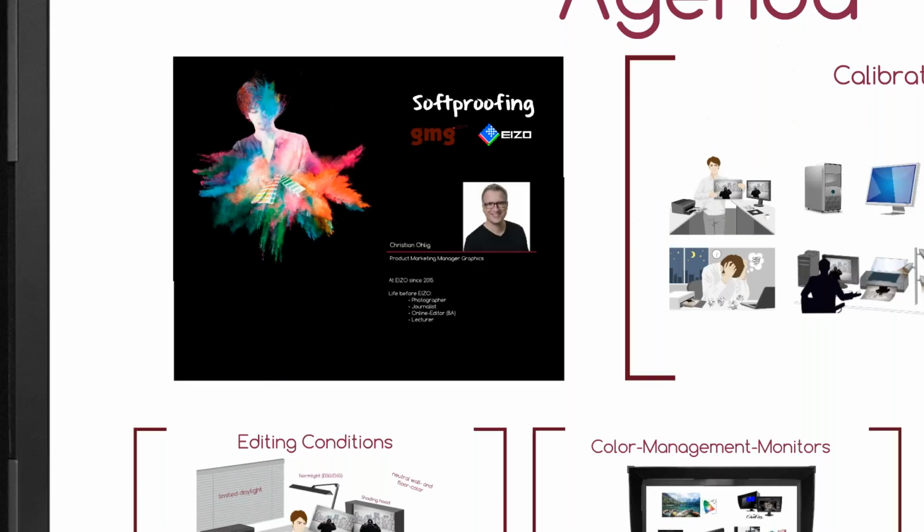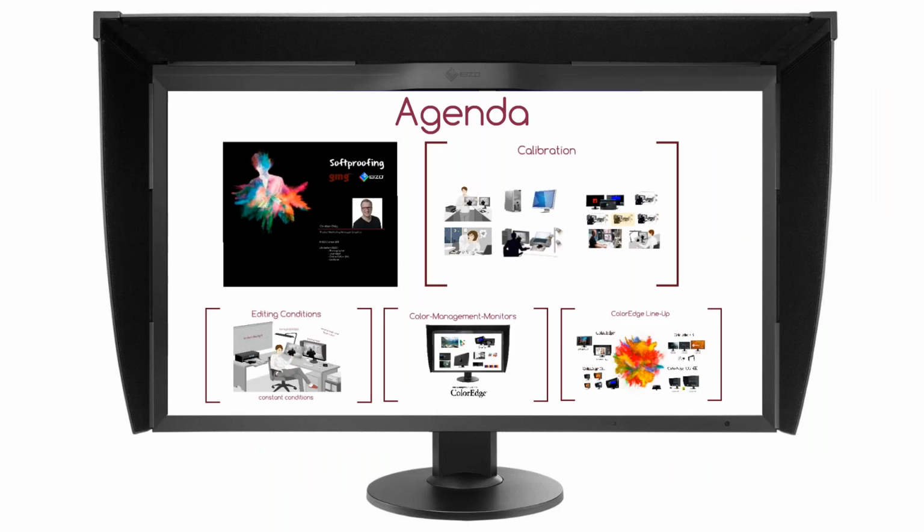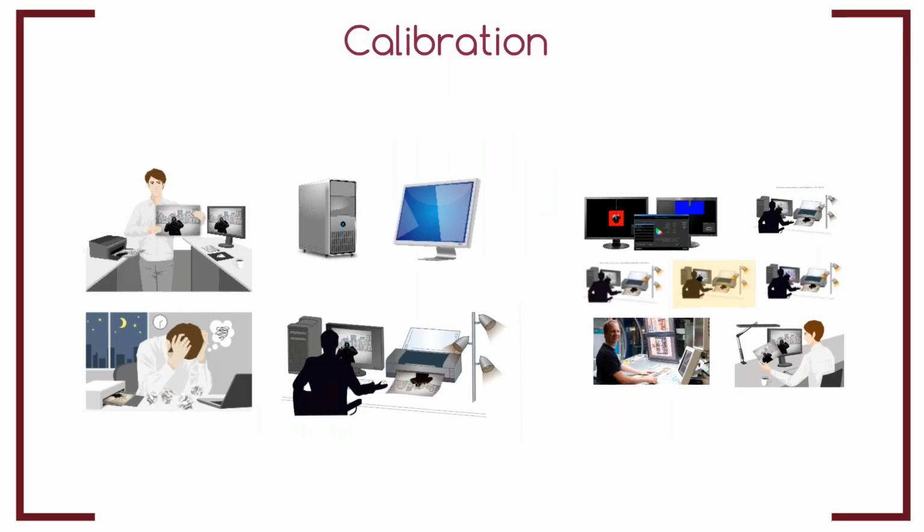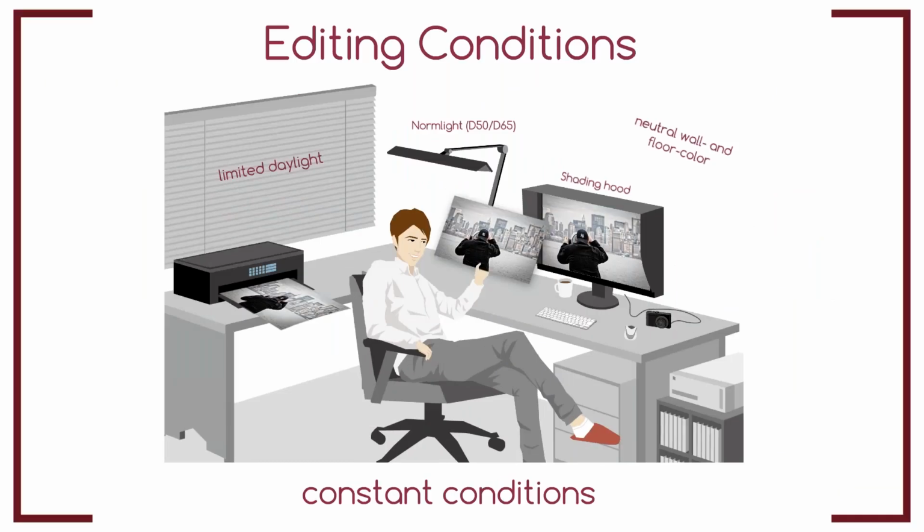Let's have a look at the agenda of my part at first. We have a short look at the calibration related topics. After that, we take a short look at the editing conditions, of course not in the printing factory, because there you always have ideal and norm light conditions, but in the step before going to the printing area.